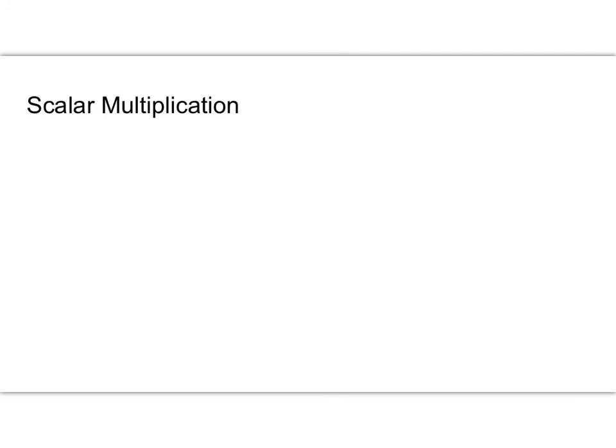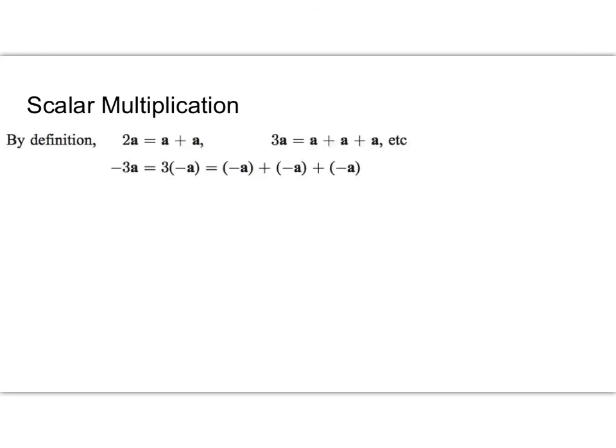Okay, we're going to talk about one more thing, and that's scalar multiplication. So scalars are numbers like 2, 1/2, 100, 77, -5, etc. You get the idea. By definition, if I have 2 times vector a, that's going to be the same as a plus a.